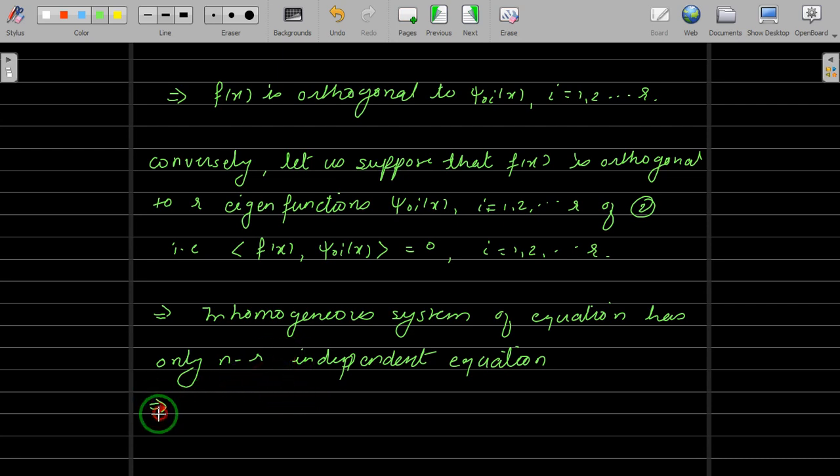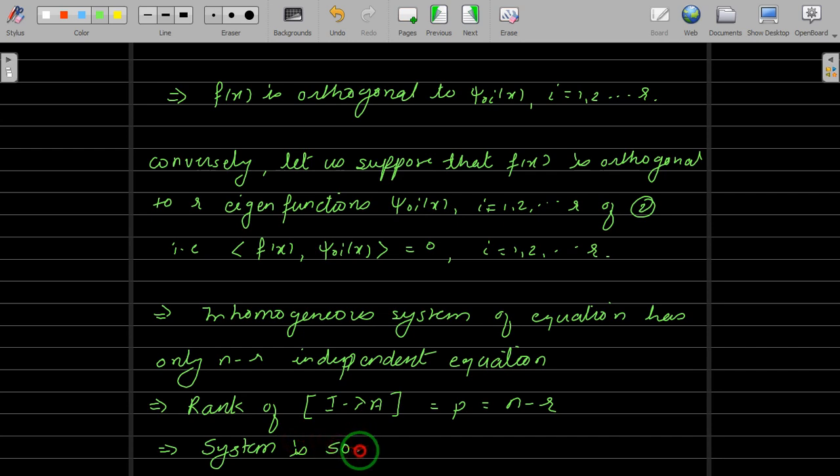And if it has n minus r independent equations, that means you relate that to the rank of the matrix. Rank of this matrix I minus lambda A, that we have denoted by p, is the same as n minus r. And if it is so, we can say the system is solvable. Solvable means you can get the solution for the system.